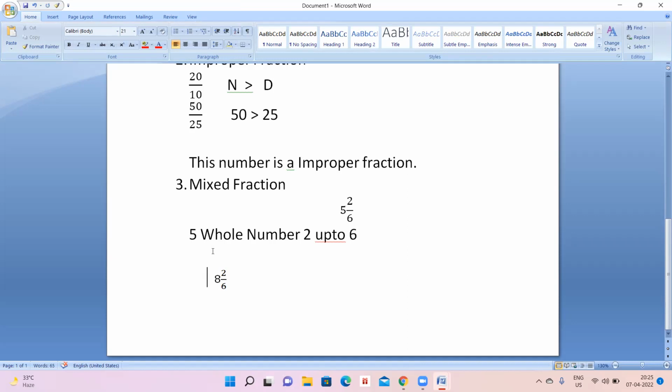If we define a mixed fraction, we can say that mixed fractions are the combination of a whole number and a proper fraction.